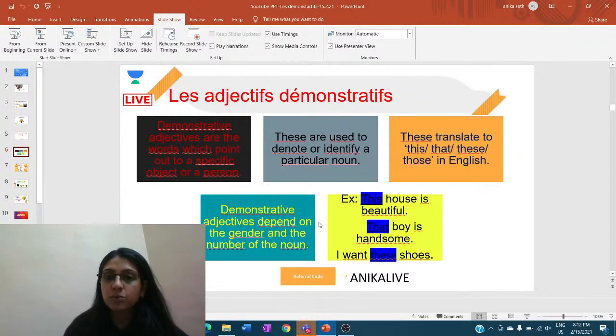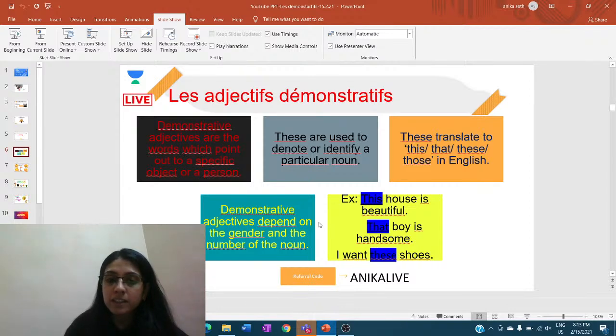Like in English, we use this, that, these, those. These are all the demonstrative adjectives, because by using these words we are referring to some particular noun. Like we say, this house is beautiful, that boy is handsome, I want these shoes, or the other example I gave, the girl is buying those bags.